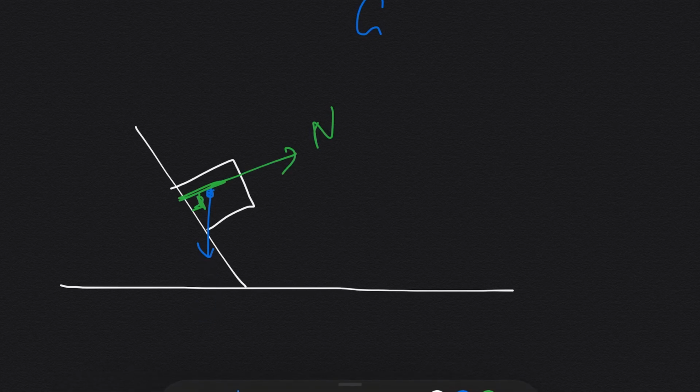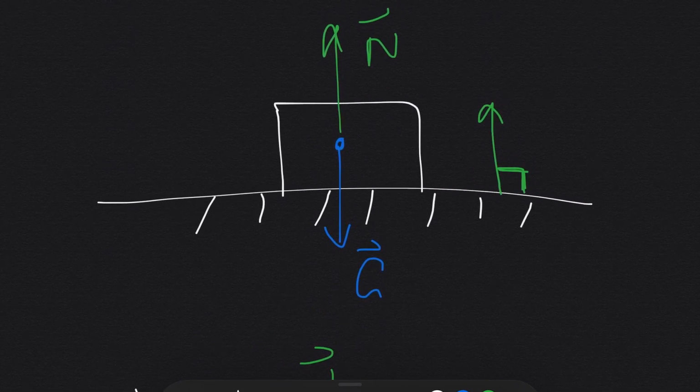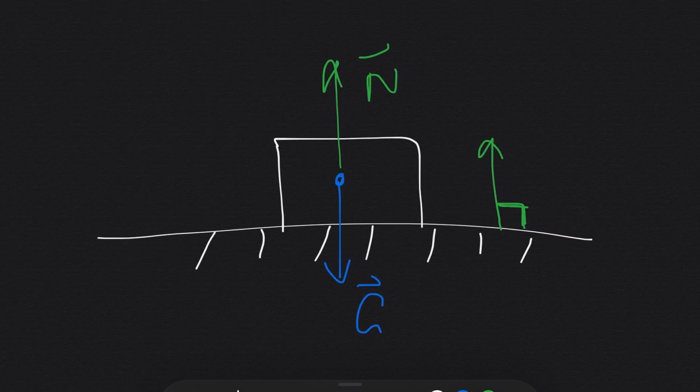And that is G, okay? Not lowercase g, that's acceleration due to gravity, uppercase G. All right, and now you can see that the forces are not opposite. So what's going to happen? The block is probably going to move downwards. It's not going to be stationary. But in the above case, it is. It is downwards, and it is upwards, and they cancel out and it's stationary.